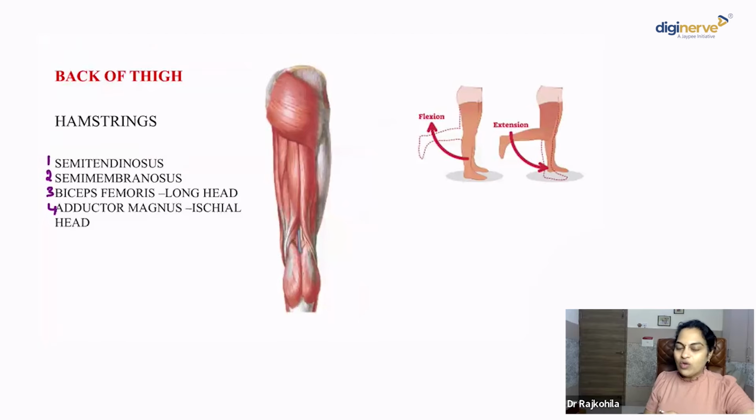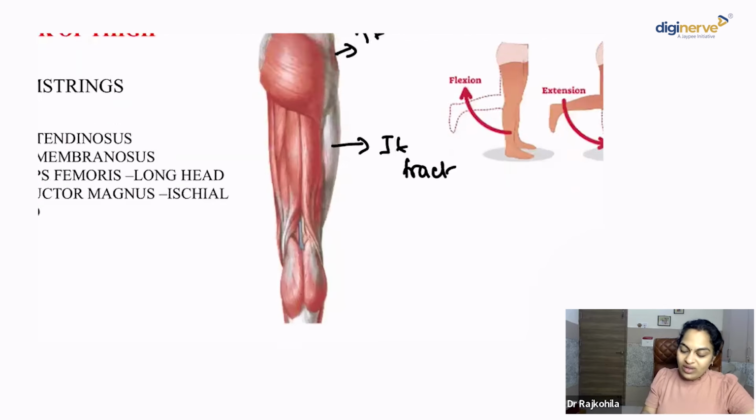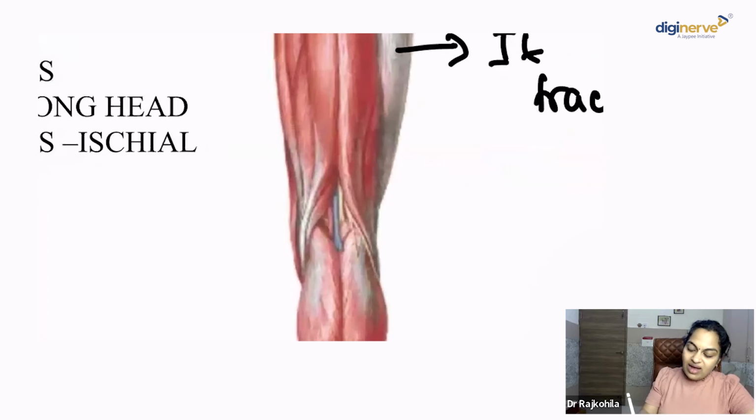Let's move on to the muscles over the back of the thigh. We are calling them hamstrings, isn't it? So again, medial and lateral orientation. Yes, you see the iliotibial tract, the thickening of the deep fascia of the thigh. This is the tensor fascia lata muscle. This is lateral. This is medial. Over the medial aspect, this one is the semimembranosus, and over it lies the semitendinosus.